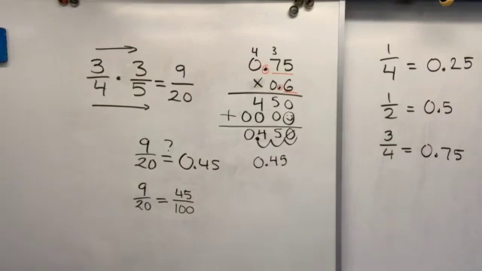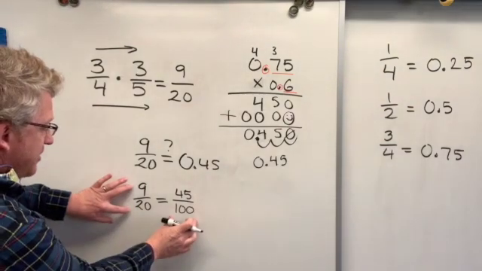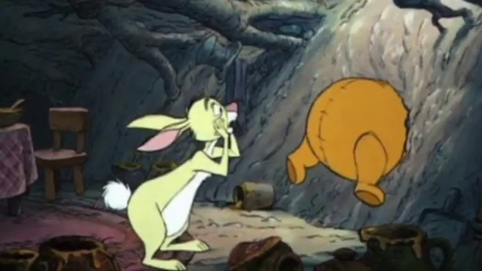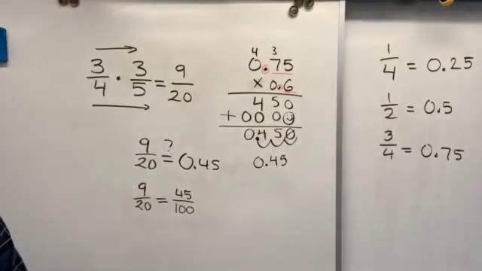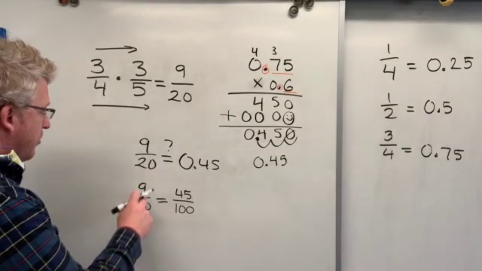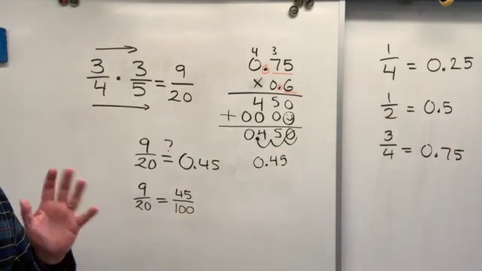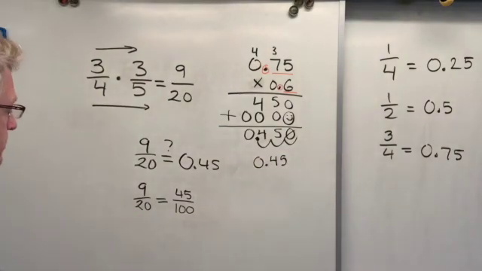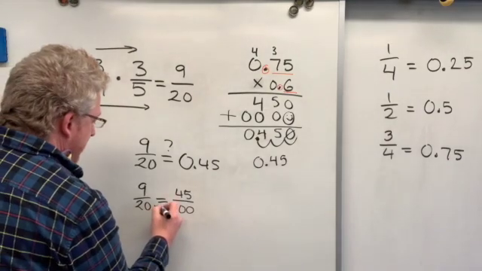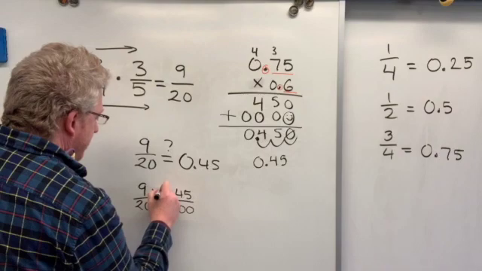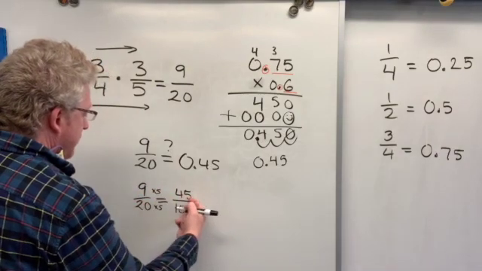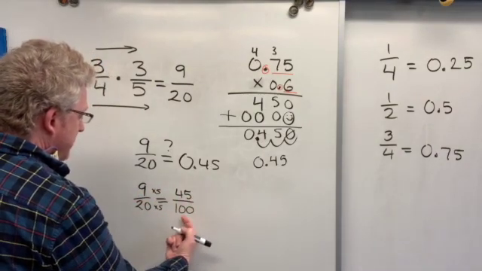What's the thing I could do to prove that these two fractions are equivalent? What am I going to multiply times the numerator and the denominator? What's my giant one? All right, times 5 times 5. 9 times 5 is 45. 20 times 5 is 100.